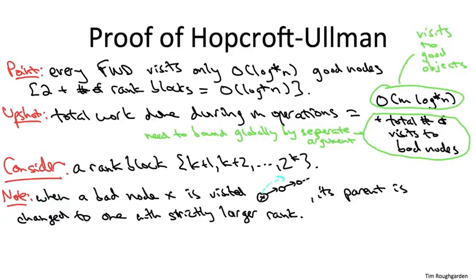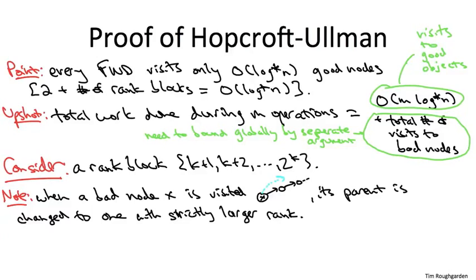So a root is a higher up ancestor than its parent. Therefore, x's parent pointer will be changed in the subsequent path compression. It will be rewired to point directly to the root, a strict ancestor of its previous parent. Therefore, the rank of its new parent will be strictly bigger than the rank of its previous parent. That's going to keep happening every time that x is visited while it's bad. It keeps getting new parents, and those new parents keep having ranks strictly bigger than the previous one.